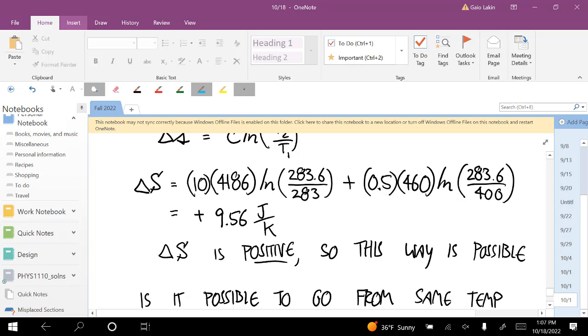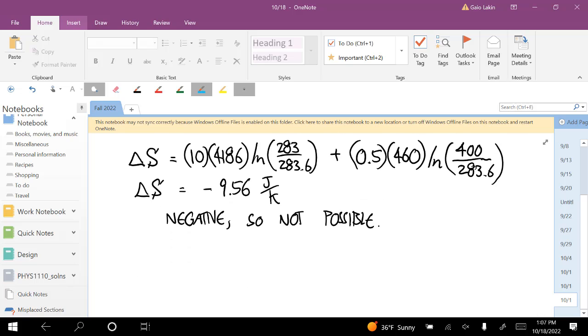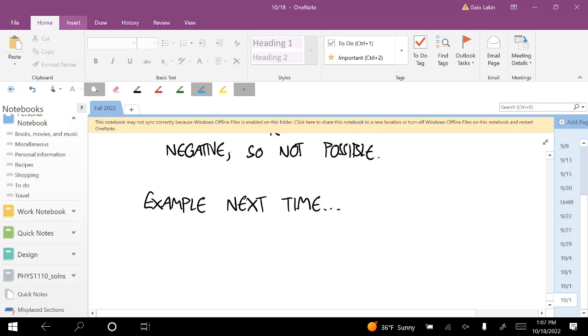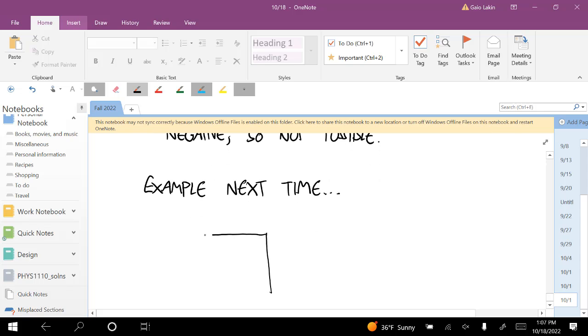I think next time I'll start with the same example, same idea, but let me just draw out the example. So let's say that you have this rigid container, and it's full of cool air.